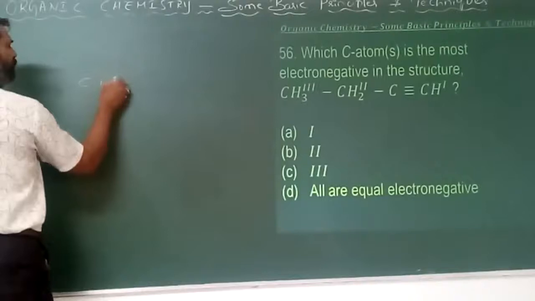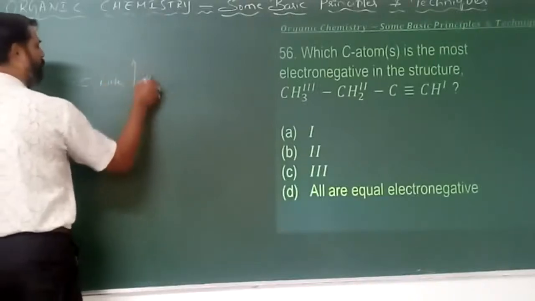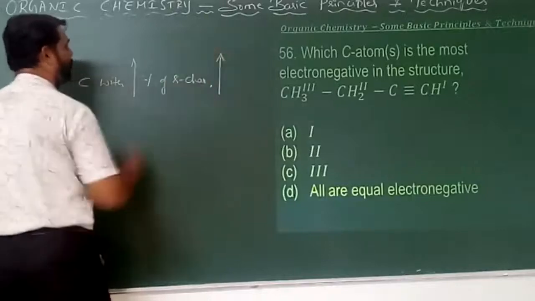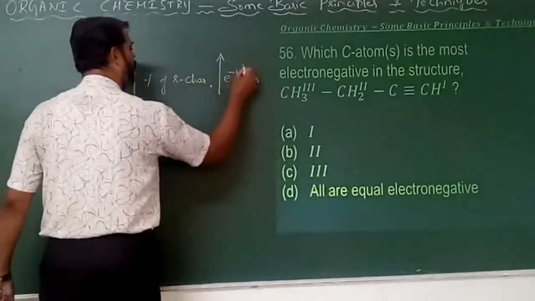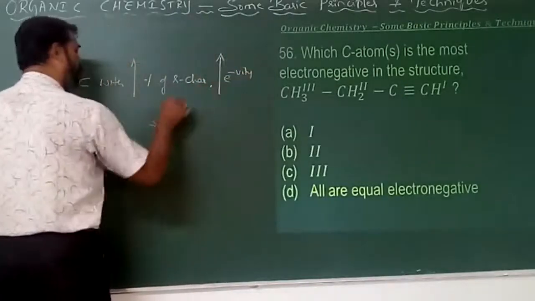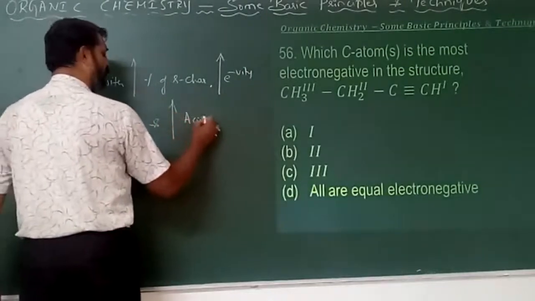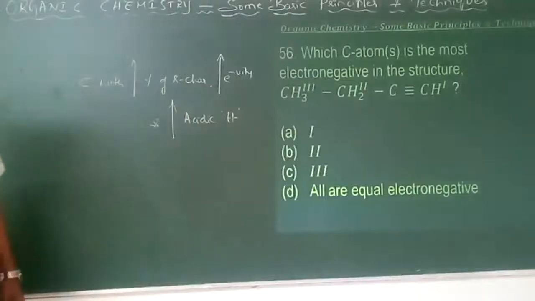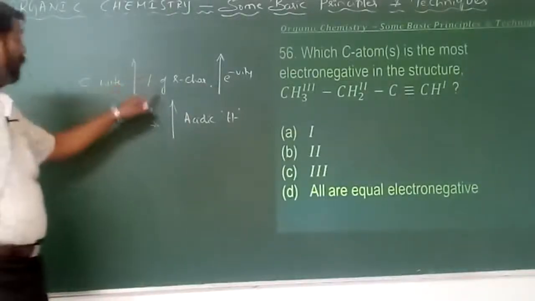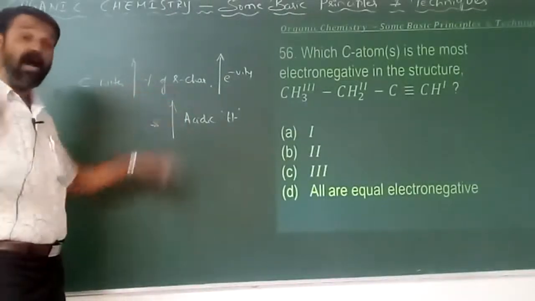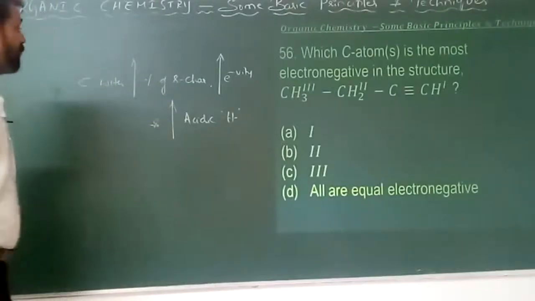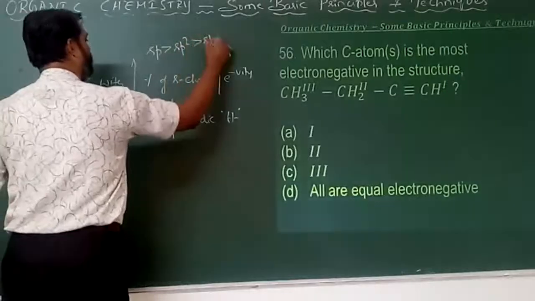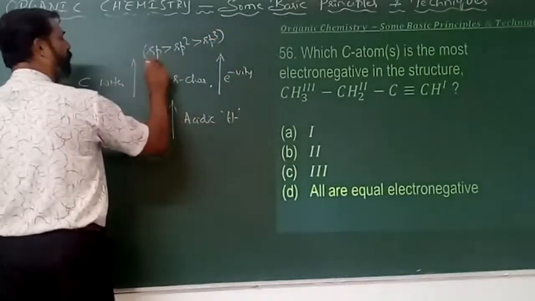Carbon with a higher percentage of s character has higher electronegativity and has the most acidic hydrogen. We look for the carbon having the highest s character. We know that sp is greater than sp2, which is greater than sp3, because it is 50-50. Here it is.